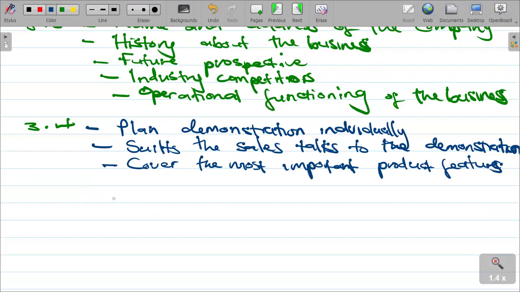We're supposed to get the prospect involved. We're supposed to demonstrate step by step.